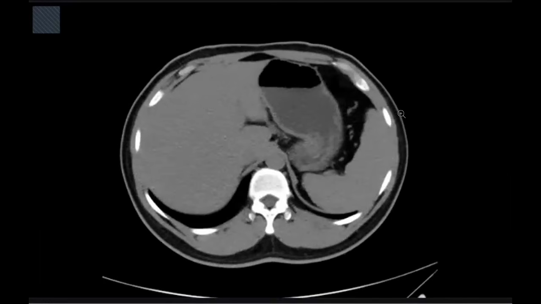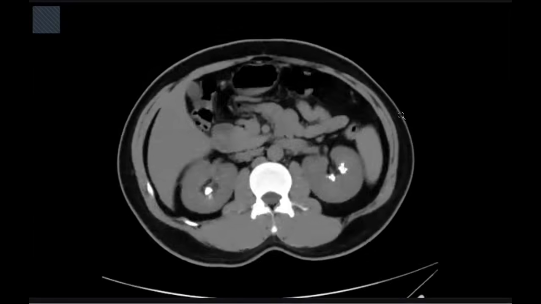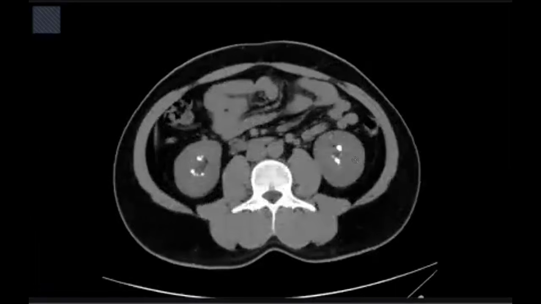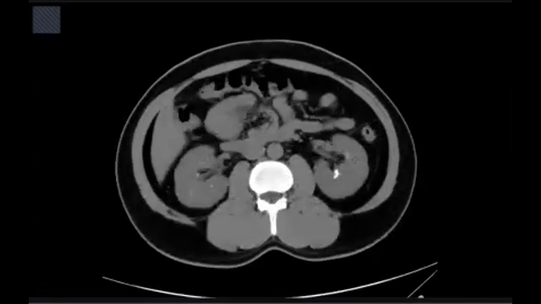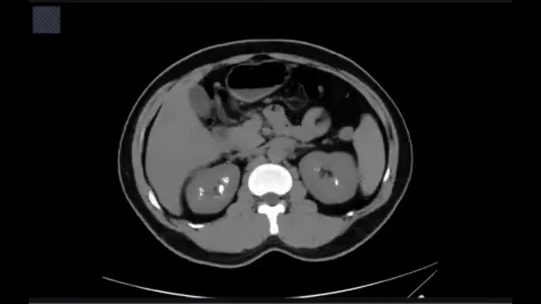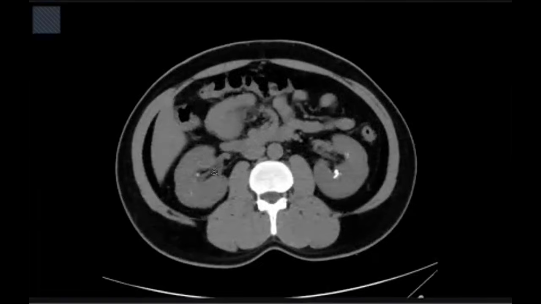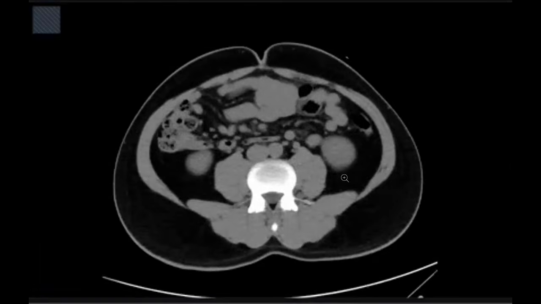Okay, we confirm the presence of renal hyperdense shadows, but it is not likely to be renal calculi, as you told, more likely calcified medullary nephrocalcinosis.